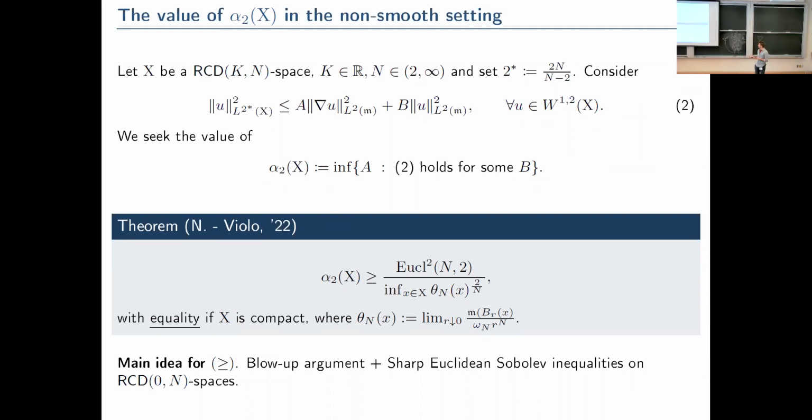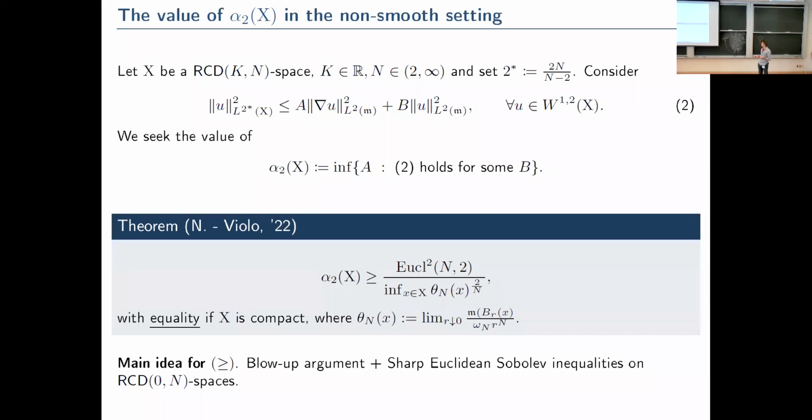So let me give just one main idea to prove the greater or equal inequality. You take a point where the Bishop-Gromov density is finite, you perform a blow up, and if you take radii for which you are converging in some pointed measured Gromov sense, then any competitor for alpha, A would be actually admissible for a Sobolev inequality in the tangent structure, which of course has to be like the Euclidean case.